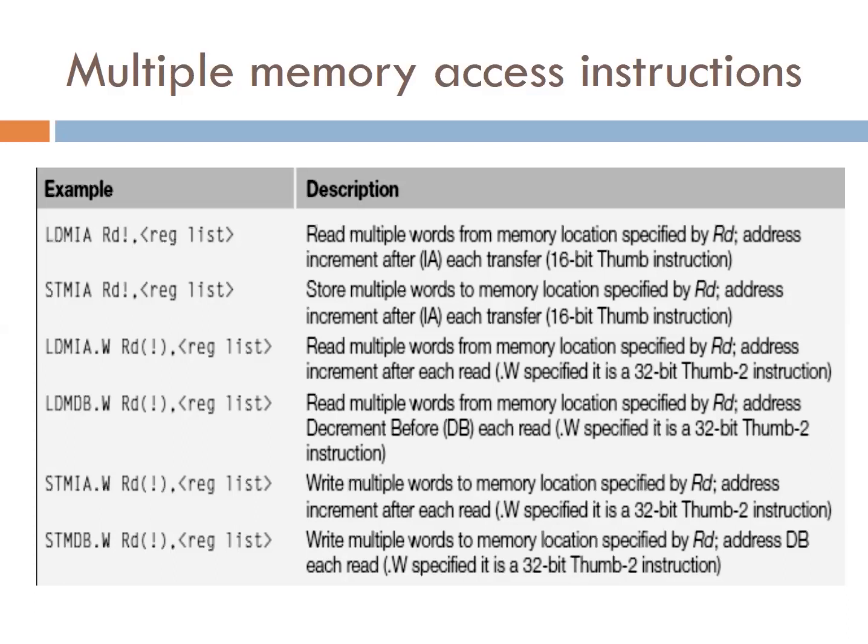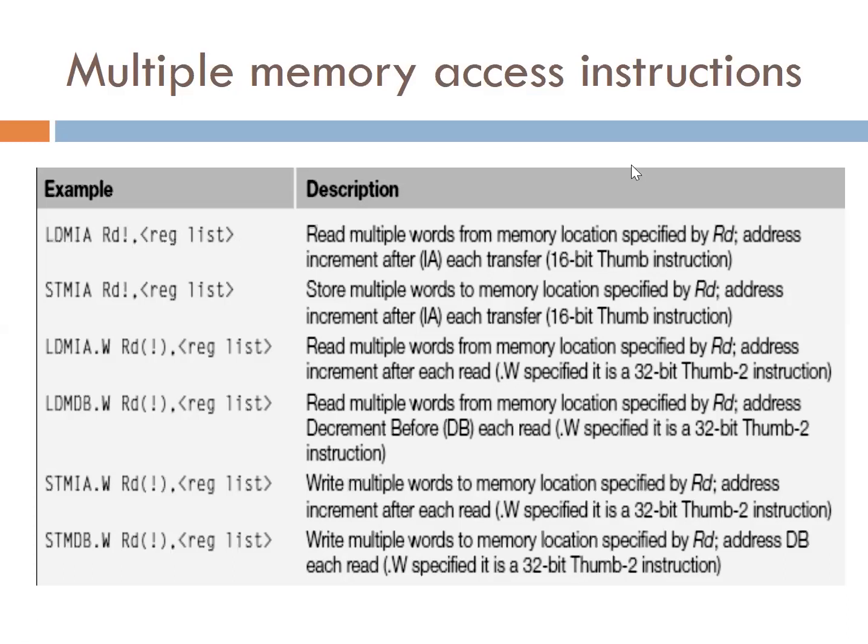So whenever you use such a representation, LDMIA, by default it will be considered a 16-bit thumb instruction set. Similarly, the next instruction is STMIA Rd exclamatory mark, register list. It is store multiple registers with the suffix increment after. Again, this will be considered a 16-bit thumb instruction set.